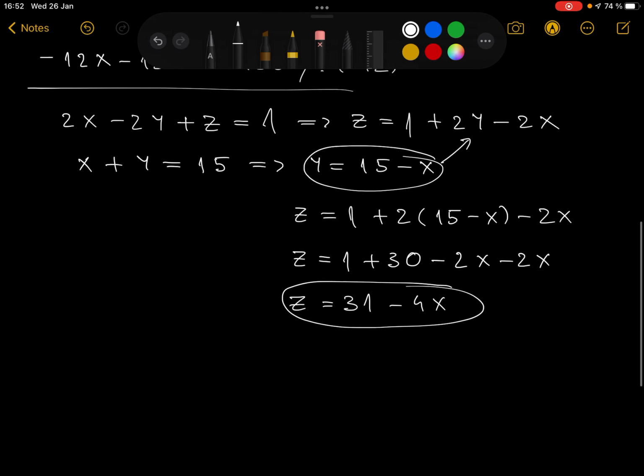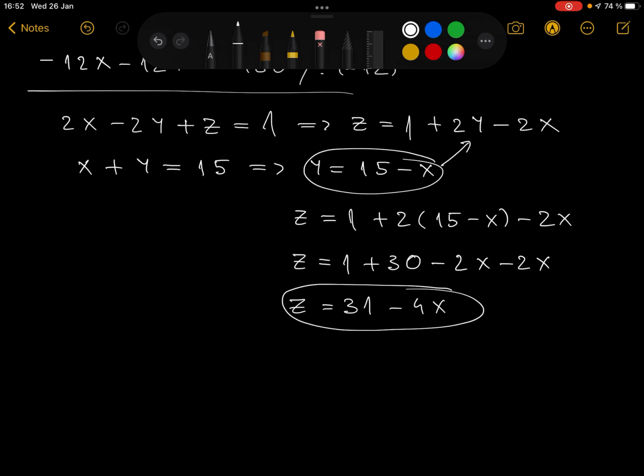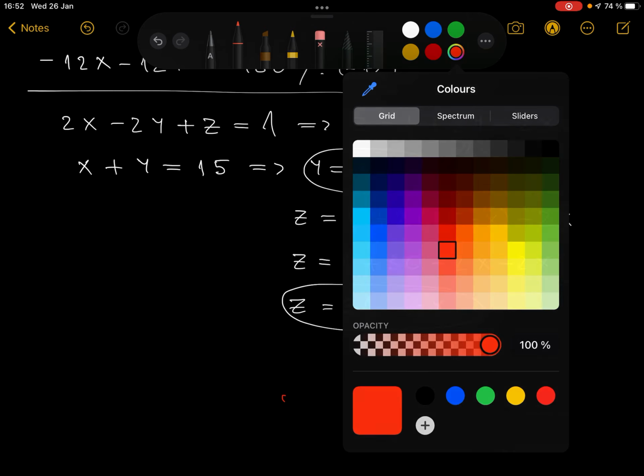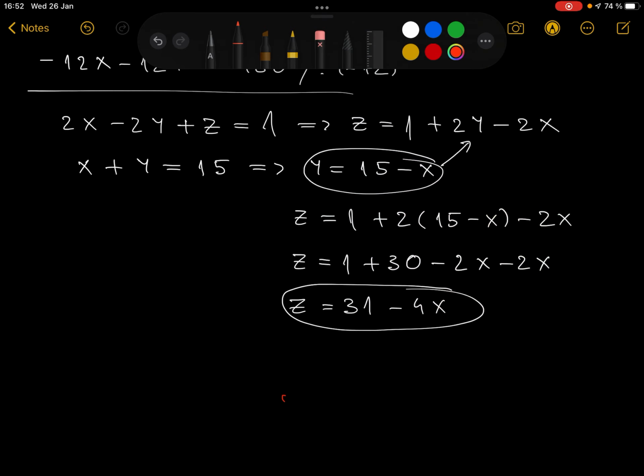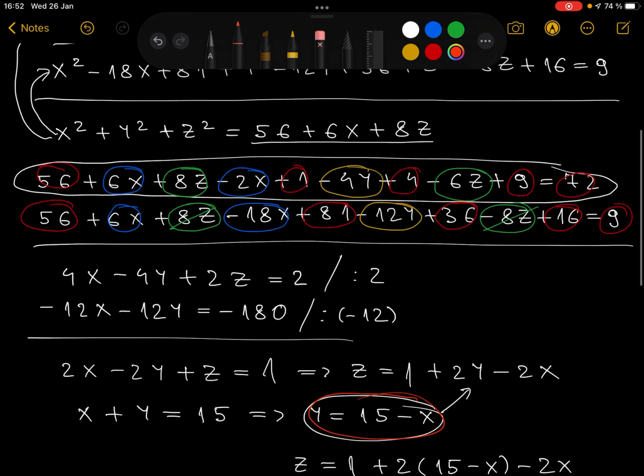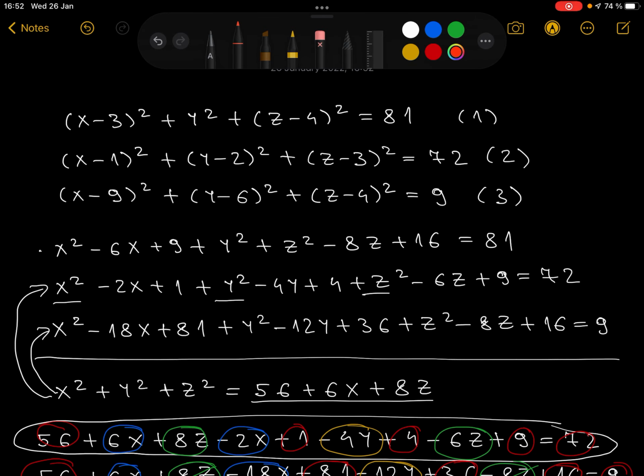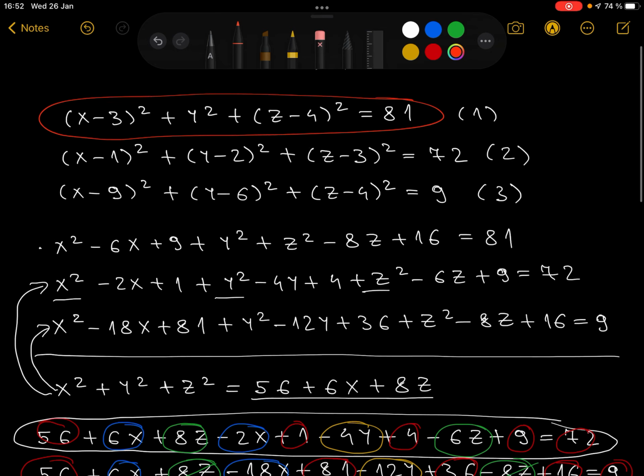Now that we know that, we can plug these two expressions into our original equation, or any of them for that matter. All of them will give us the exact same solution.